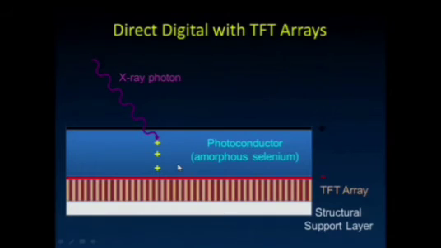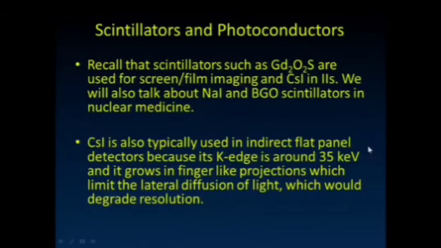So unlike our scintillators and our phosphors and our screens, we don't get that spreading out of the light like we did there. This electron moves linearly down to the closest point onto that thin film transistor array. So nice resolution properties here.